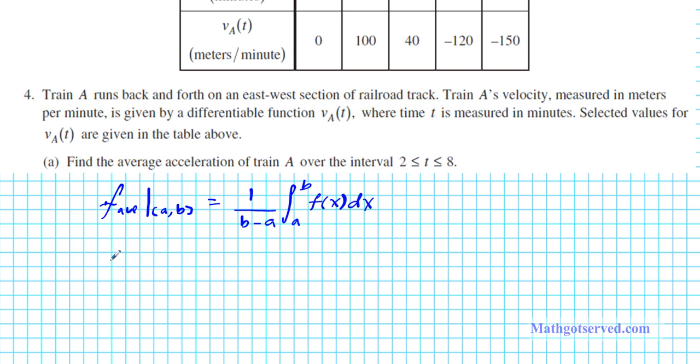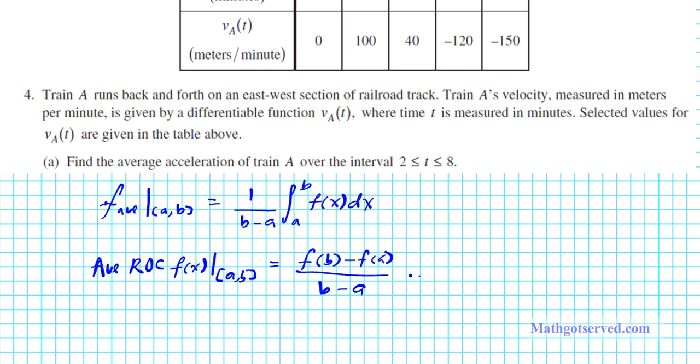You also have the average rate of change, let me call it ROC, of a function on an interval [a, b]. The average rate of change is simply f(b) minus f(a) divided by b minus a. These two are connected.